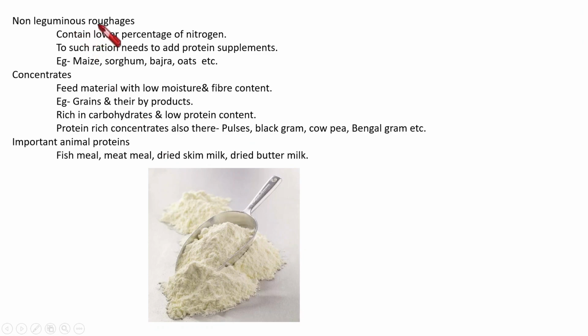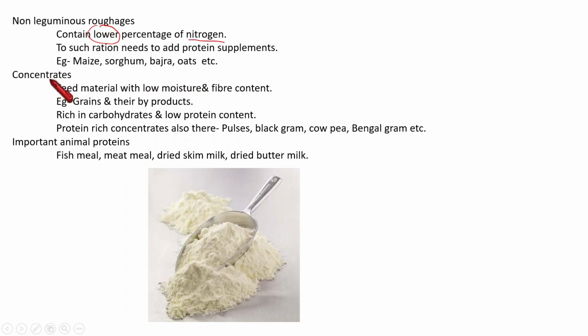Then non-leguminous roughage means they contain a lower percentage of nitrogen. For such a ration, we need to add protein supplements. Examples of non-leguminous roughage are maize, sorghum, bajra, oats, etc.